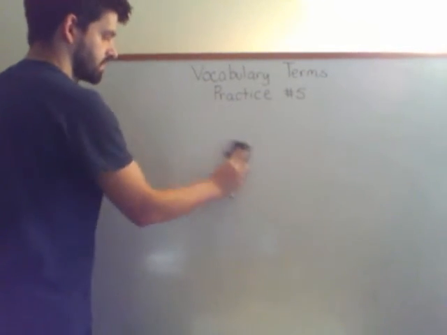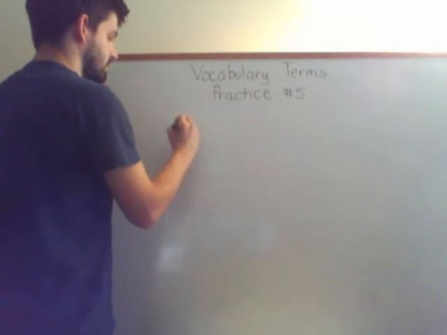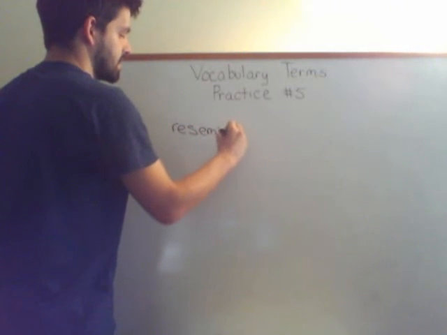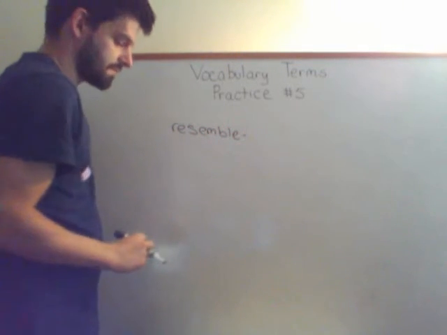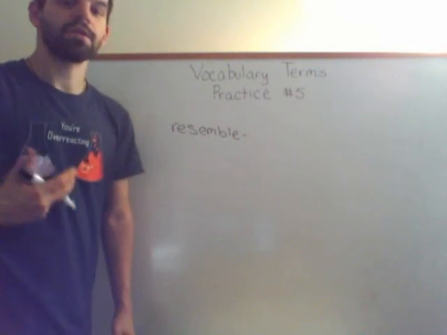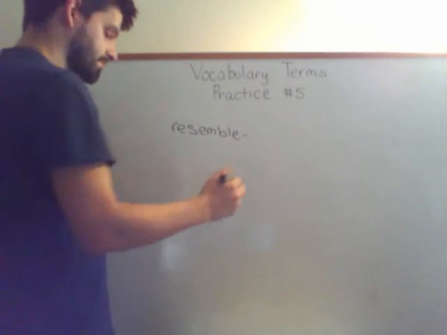Okay? Let's look at our last word for today. Our last word for today is the word resemble. And resemble is spelled R-E-S-E-M-B-L-E. And resemble is defined as having qualities or features, especially in appearance, in common with someone or something.